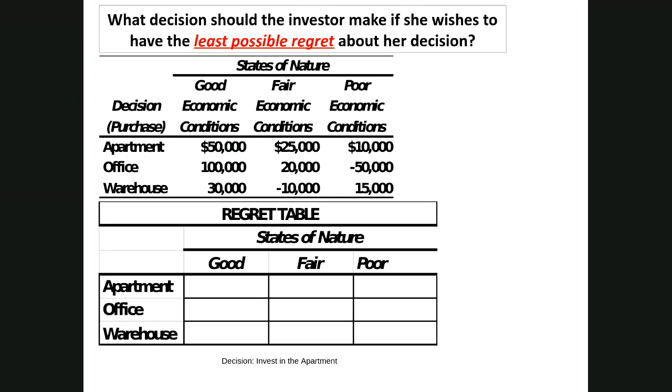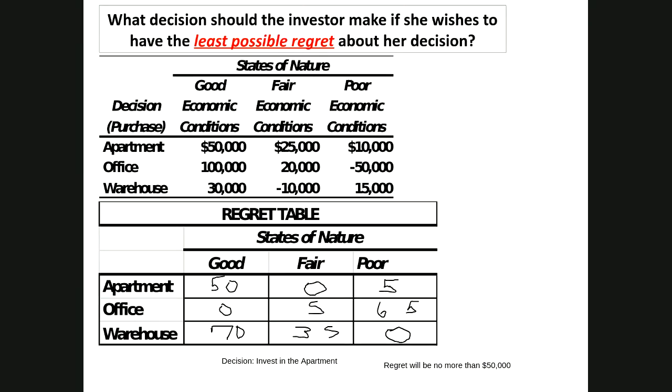Okay. So let me go back and rebuild our regret table. Again, the regret for the office is 0 for the fair state of nature is to invest in the apartment, and for the poor is to invest in the warehouse. Our regret here was 50,000. Regret here was 70. The regret here was 5. The regret here was 35. The regret here was 5, and the regret here was 65.